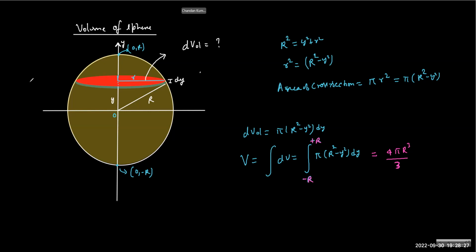Okay, so let's see the application, like why in physics these kinds of elementary ideas are important. To demonstrate, I'll start with something very simple, something which you guys are aware of, and that is the calculation of potential energy.